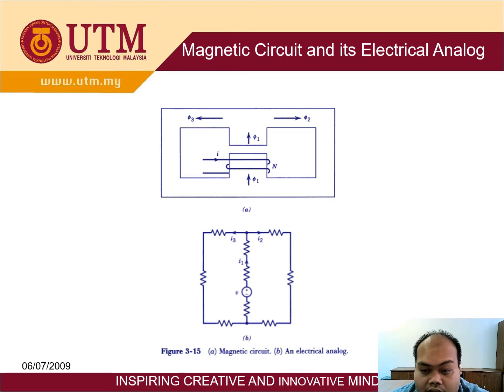But if the core is complex, you have to differentiate for each. Remember that reluctance is L divided by mu A. If you look at this core, different sections have different area and length. That's why there are many reluctances in this electrical circuit analog. I will show you some examples after this.